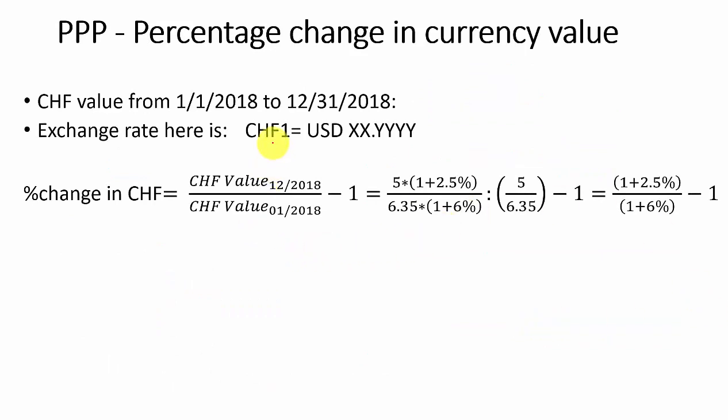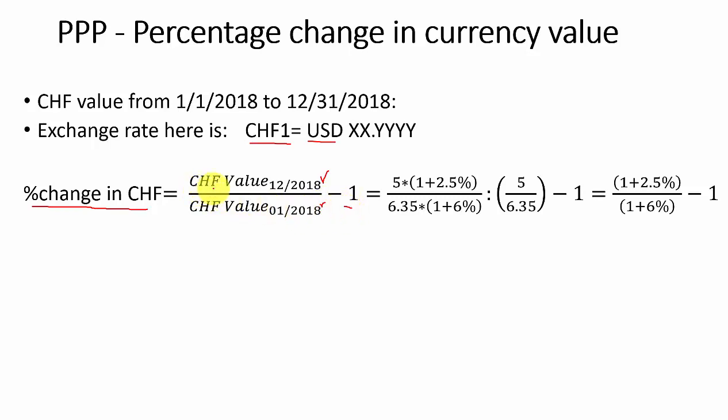Remember that the exchange rate we are interested in is the value of 1 Swiss franc in, say, US dollars. So you apply the formula to calculate the percentage change in Swiss francs, and we learned it from chapter 3. It equals the end value divided by the initial value minus 1, right?